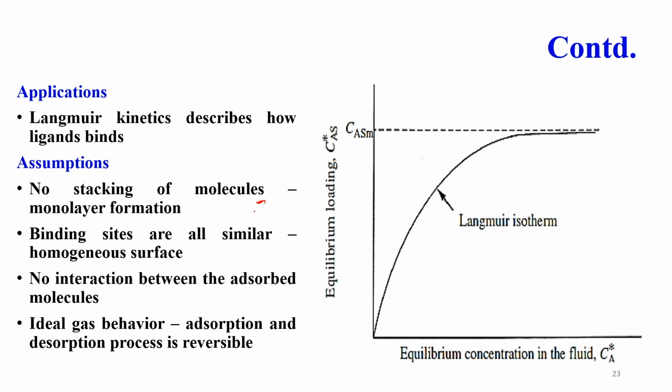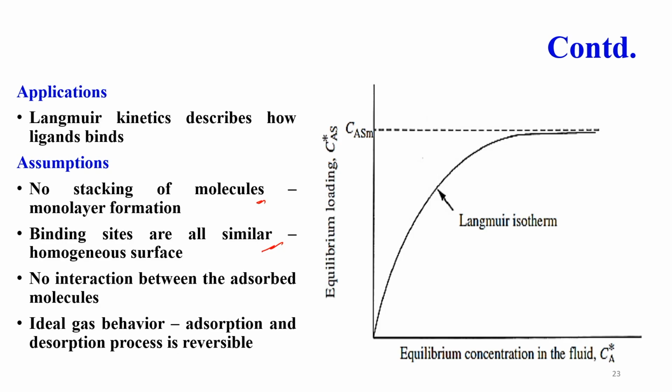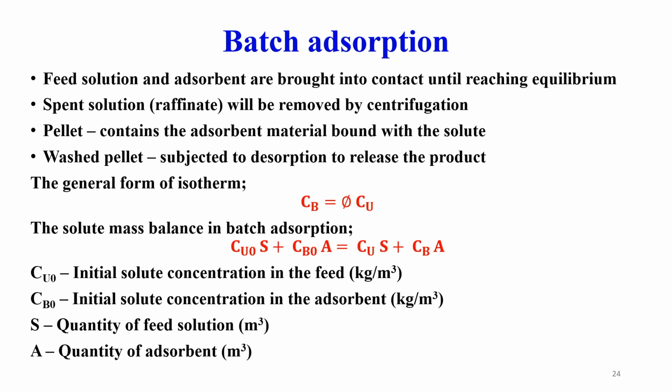Typically there is no stacking of molecules; it leads to monolayer formation, binding sites are all similar on a homogeneous surface, and there is no interaction between adsorbed molecules. It also assumes ideal gas behavior, and the adsorption and desorption process is reversible, so only then can you reuse the adsorbent.